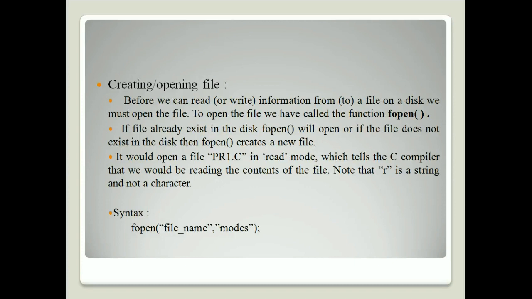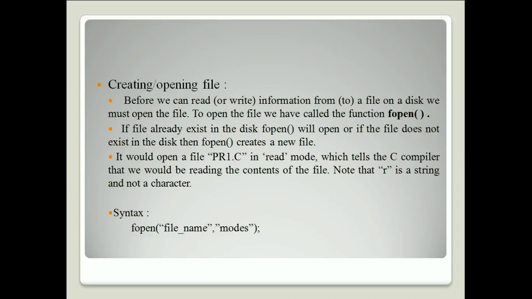Now we shall see how to create or open a file. Before we read or write information from a file, we must open the file. That means we must open it, or create a new file if it doesn't exist. To open the file, we use the function called fopen. This fopen function will open the file if it already exists, or if it doesn't exist on the disk, it will create a new file.